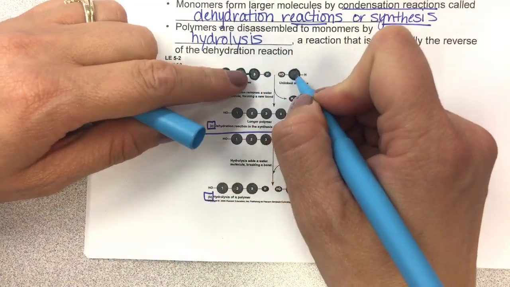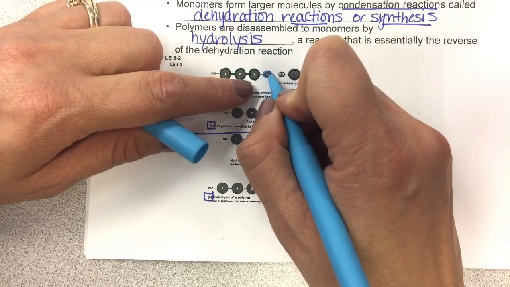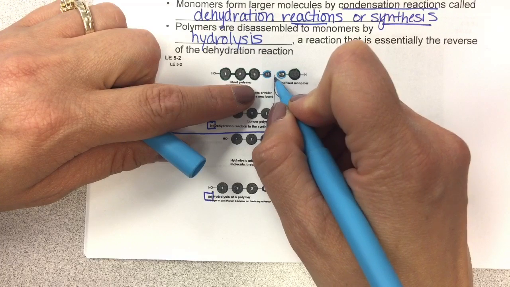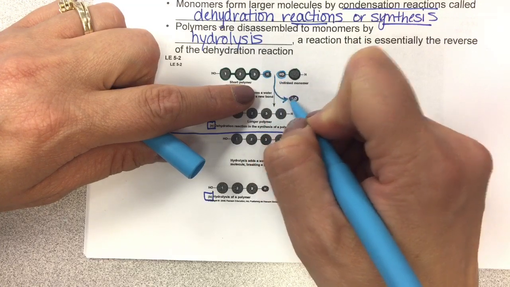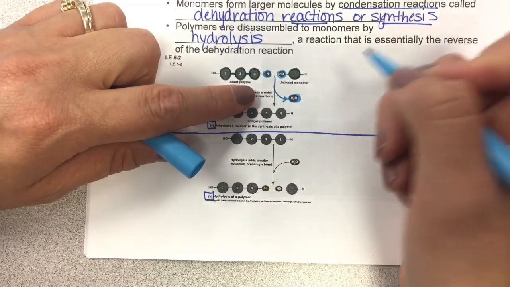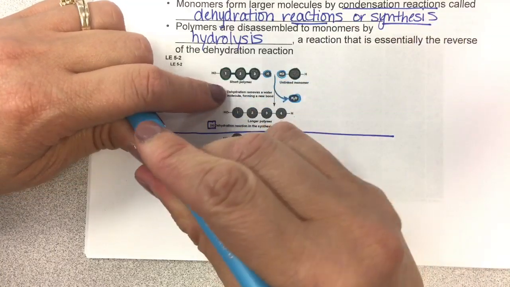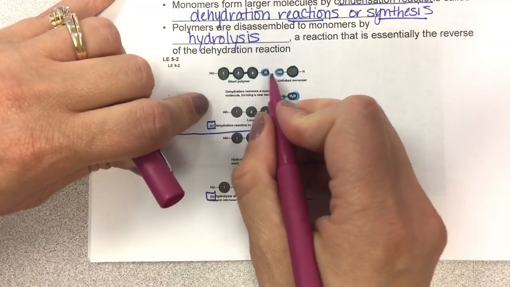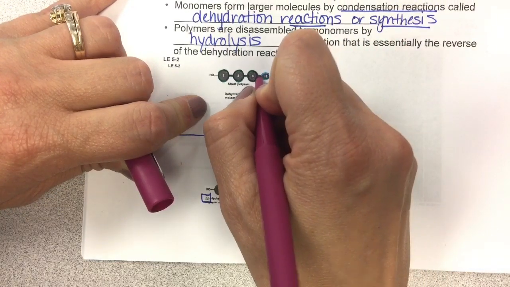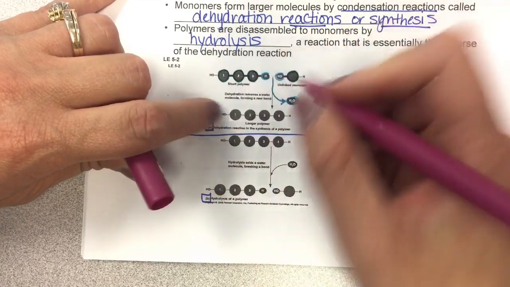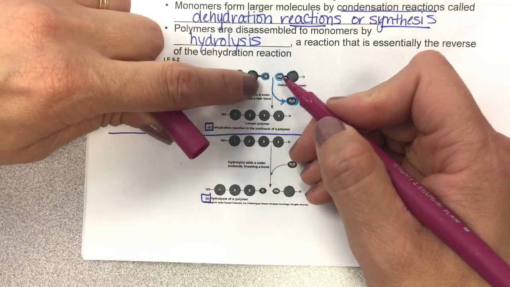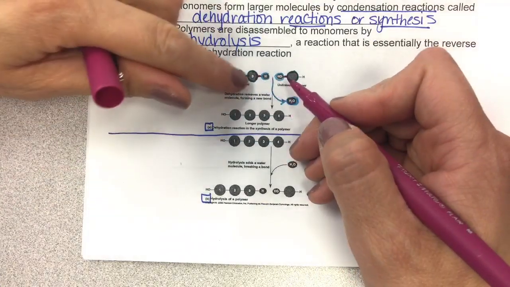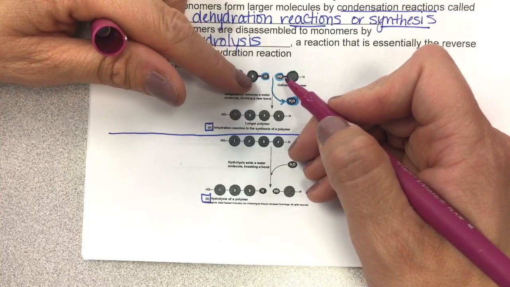When these two come together, the H and the OH come off and collectively make a molecule of water. When these bonds break, they're no longer bonded to the OH and the H, so they're not bonded to anything, and they're looking to bond with something.